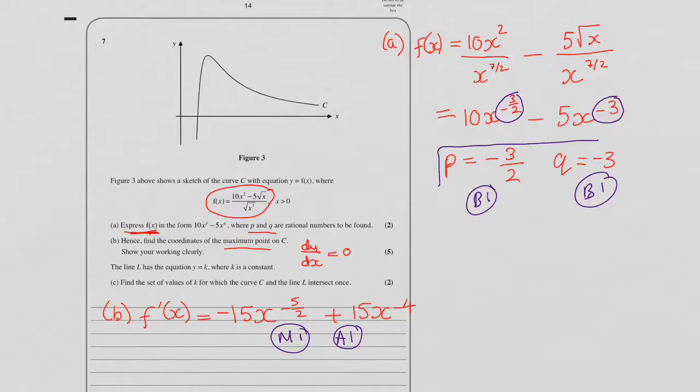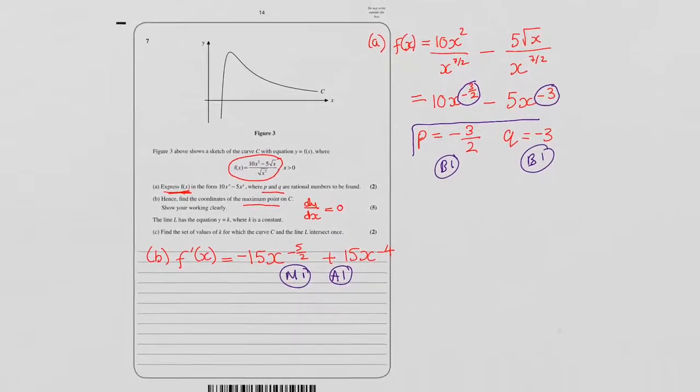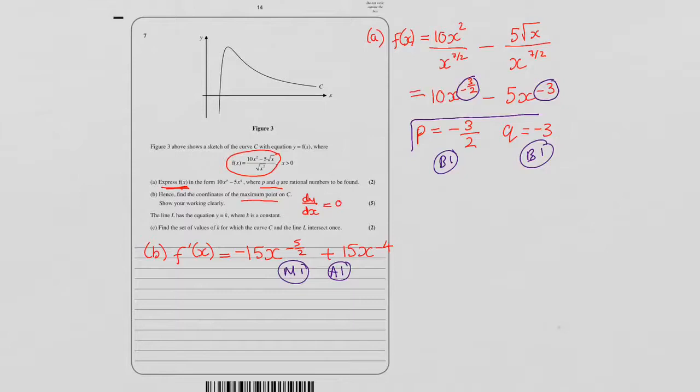Now from here, if we are trying to find maximum points, we need to set the gradient equal to 0. And be very specific about this. Tell the examiner what you are doing. So you are putting it equal to 0 for stationary points. Now from here, I've divided the whole thing by 15.